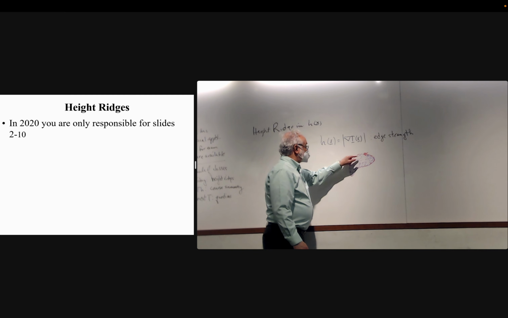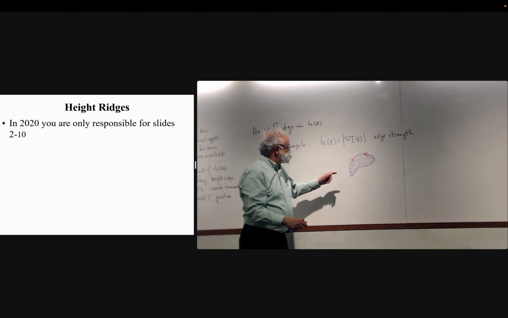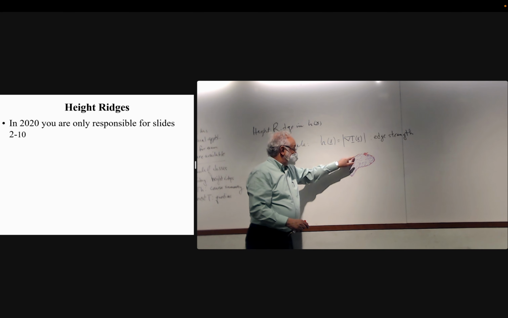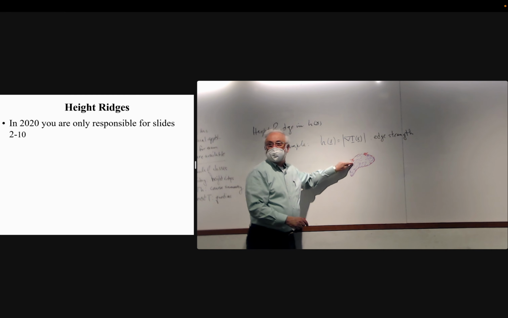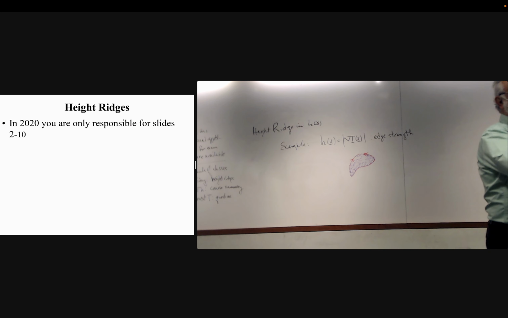I put these little markers of cross-section to remind you that it's not just high here and zero everywhere else, but it rises to high and falls. And so you get this ridge effect along the edge. What we're trying to figure out is where that ridge is. That's going to be where we compute the edge to be. Questions?